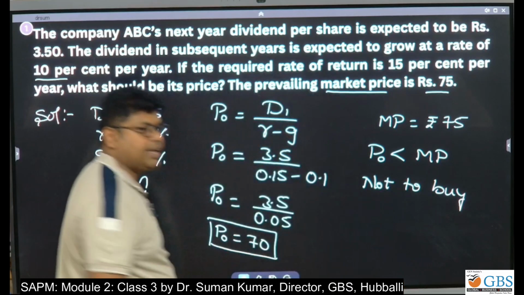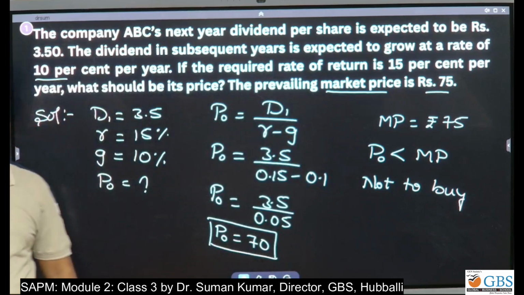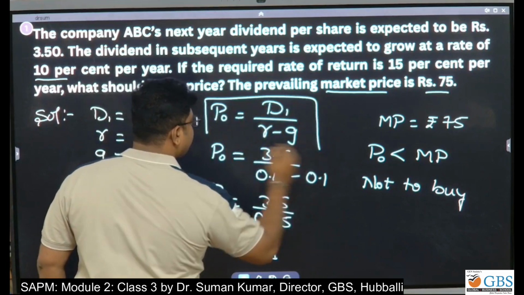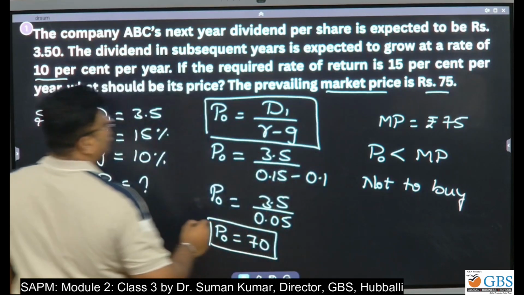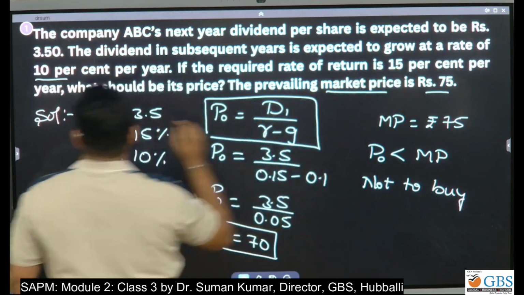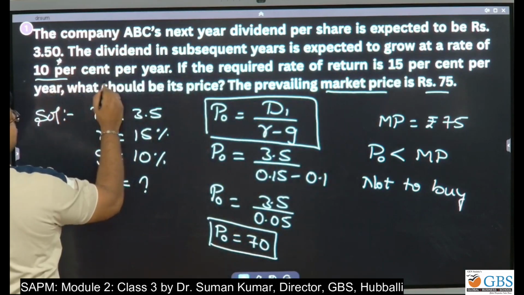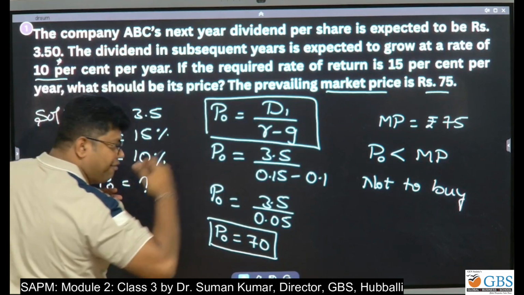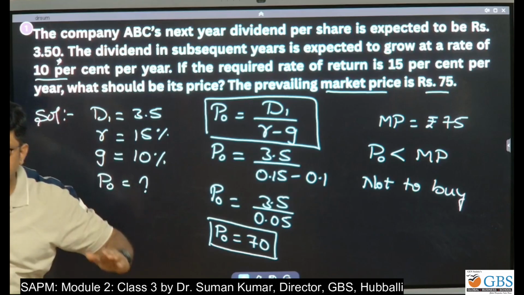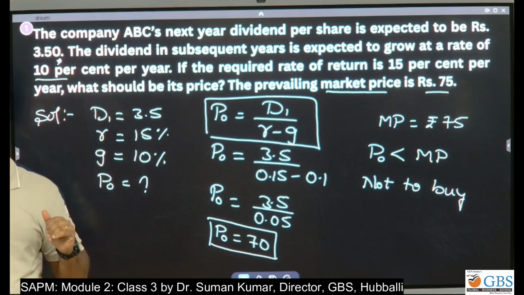That's it. Clear? Any doubt? So why did you use this model? Because when you come across a statement like expected growth at the rate of 10% per year, that means every year 10% growth, then which model is that? Constant growth model.